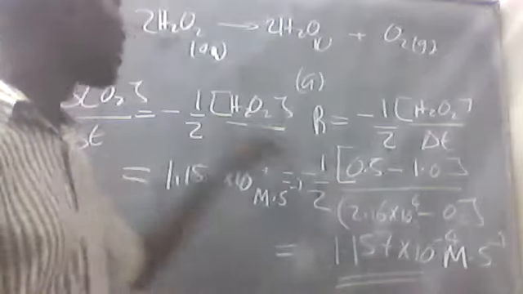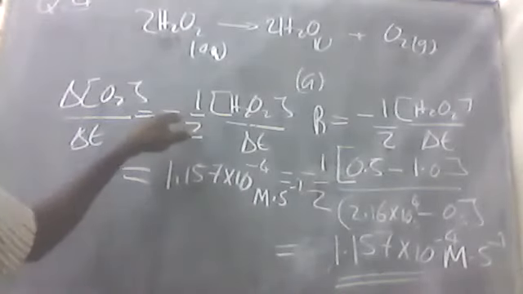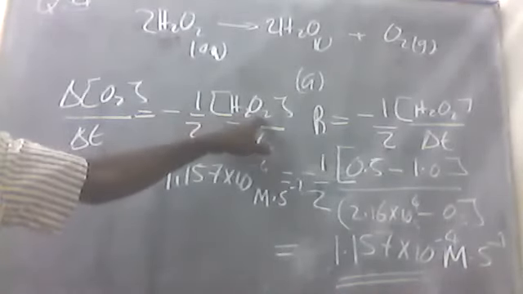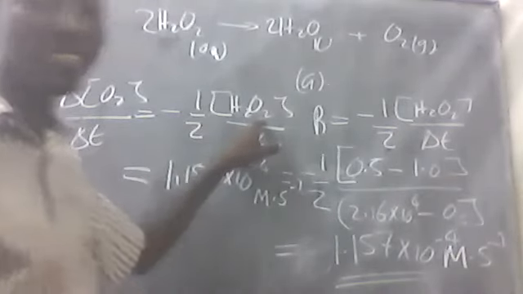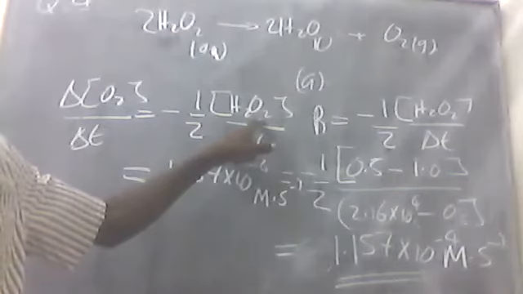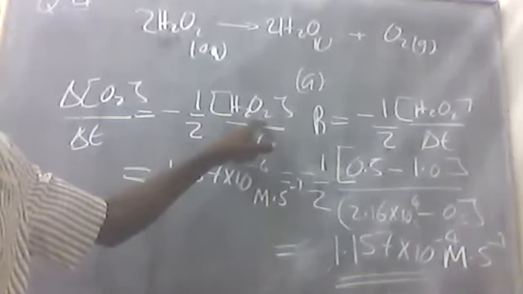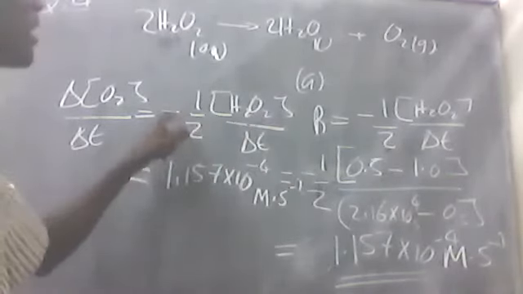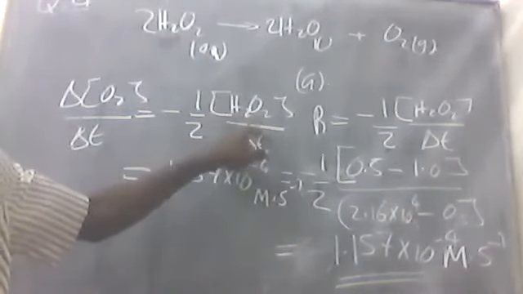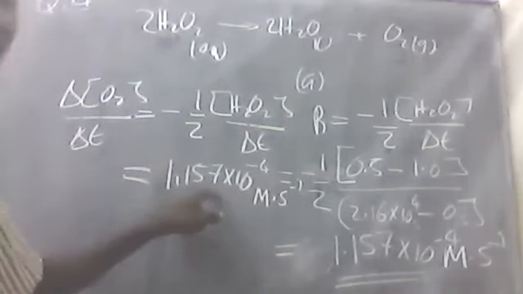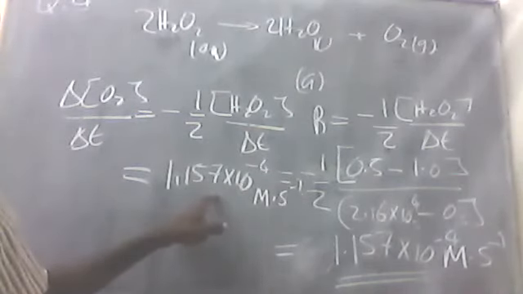Yes. The negative will cancel the negative value that you get from the change in concentration. So this negative will cancel with the negative value that you get from the concentration to give us a positive value.